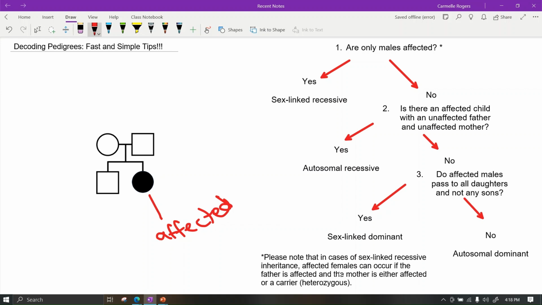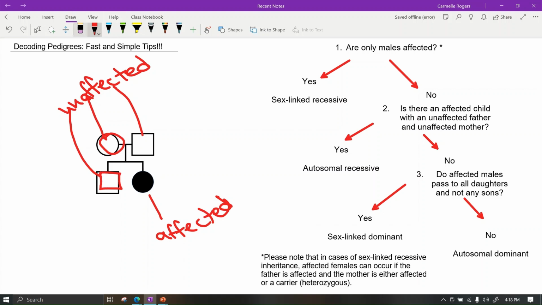The open shapes represent those who are unaffected. Circles represent females, and squares represent males.